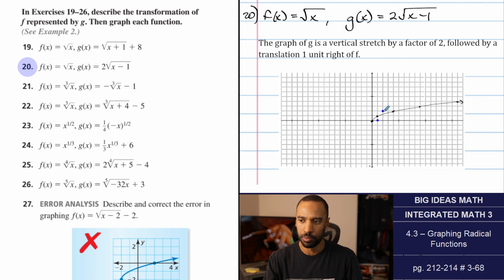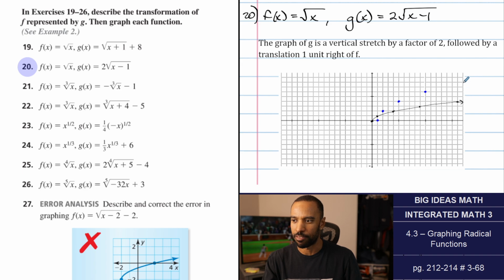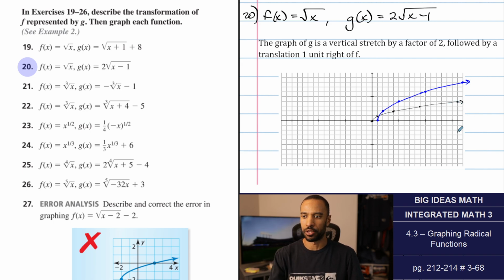So 1, 2, and 4, comma, 4, and go over 9 to go up 6 instead of 3, right? We're doubling these. And go over 16 to go up 8. This is going to be my favorite graph as far as completeness, how much I can really cover both parts of the grid. So much character. Oh, yes. And there's one compared to the other on that. That's the new graph for g of x, okay?